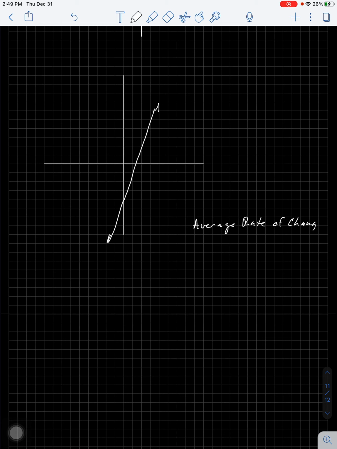Now, what am I asking you when I ask for the average rate of change? I'm so glad you remembered. You're finding the slope. So you pick any 2 points that you can identify on this line. It doesn't matter where they are, any 2 that cross at a good cross section, and you count. How many do I go up? How many do I go over? So I'm going up 1, 2, 3, and I'm going over 1. So the average rate is 3.